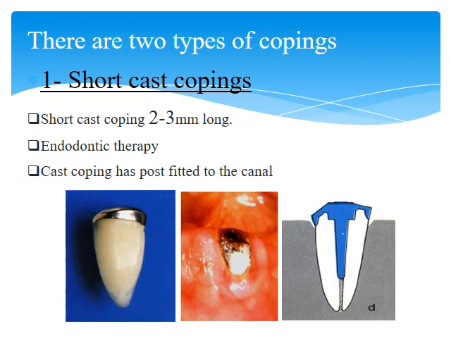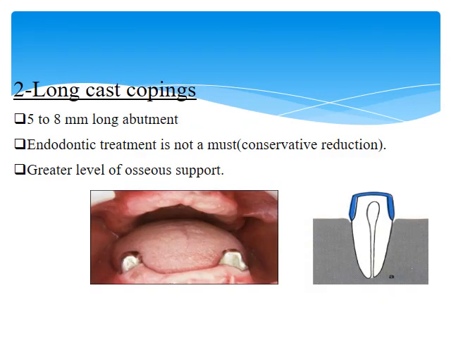The short cast coping is 2 to 3 millimeter long, with endodontic therapy, and the cast coping has a post fitted to the canal. The long has a 5 to 8 millimeter long abutment, and endodontic treatment is not a must.